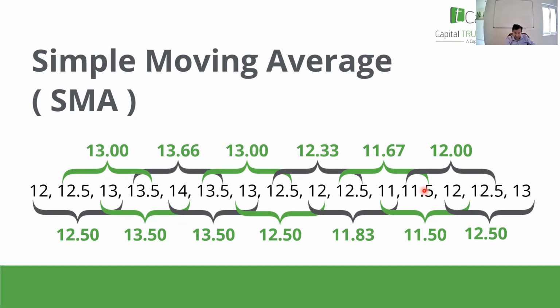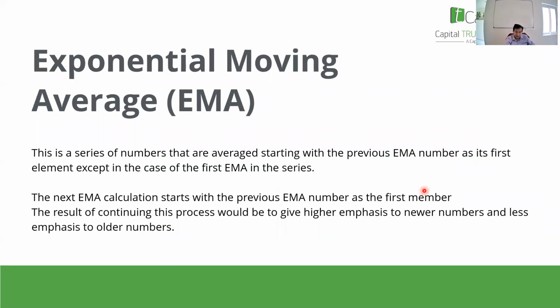Very easy to understand. A more complex sort of calculation is an exponential moving average. It is based on the theory that more recent prices are more relevant than far removed prices. Prices that are far removed in a series are less relevant, whereas more recent prices are more relevant. That's a principle also in time series.